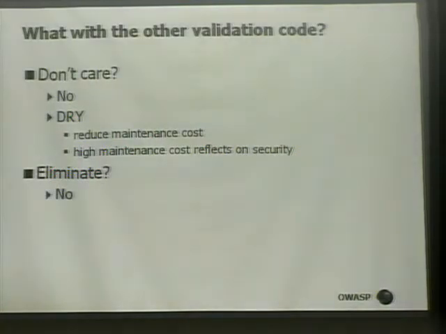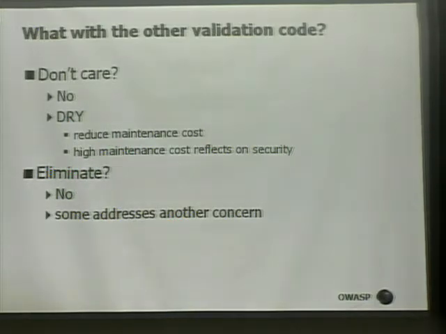Well, not quite. There are some other concerns that may be addressed in the other tiers, and I'll go into detail about some of the concerns later on, but I immediately want to say probably there are things here that are out of scope of this talk, namely things like cross-site scripting and CSRF that you really do want to do in the business layer and in the web tier.